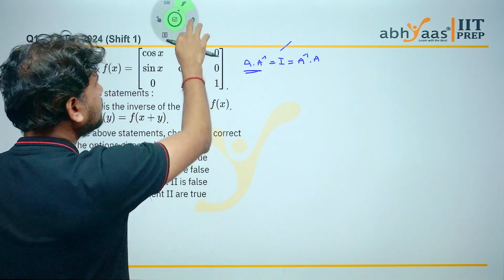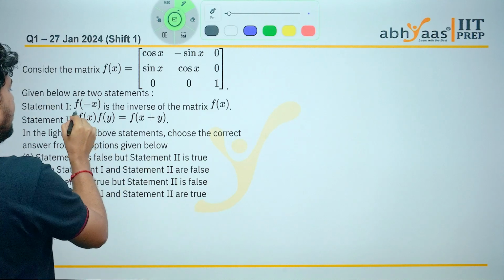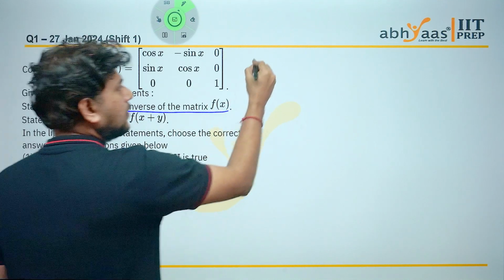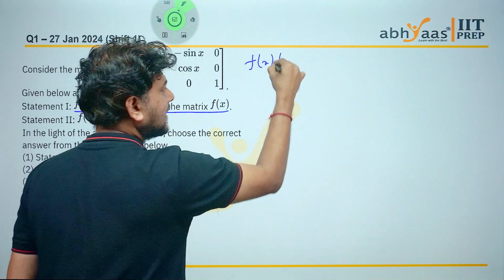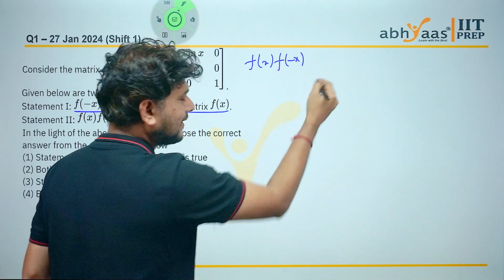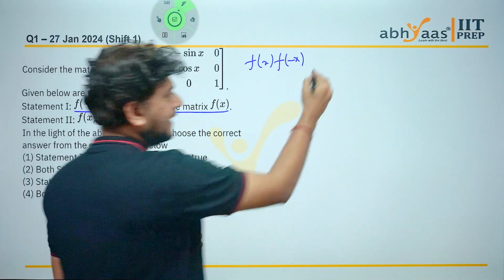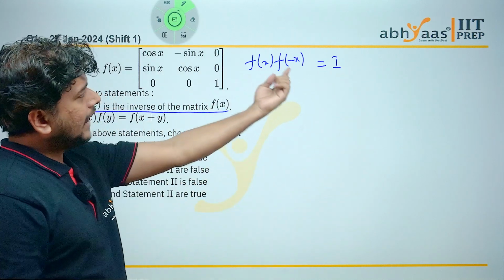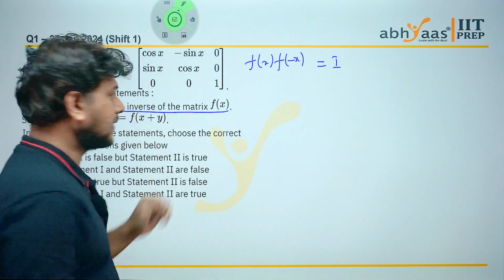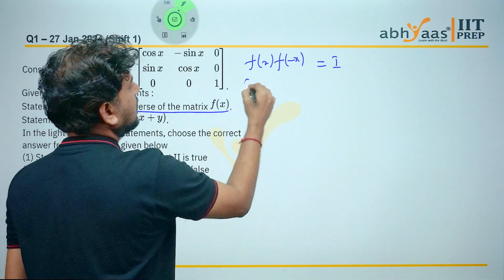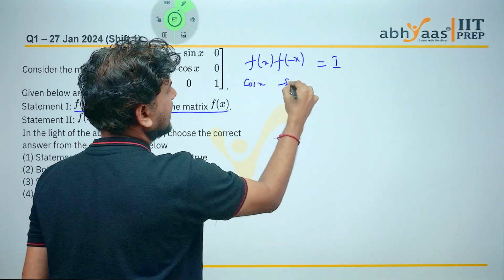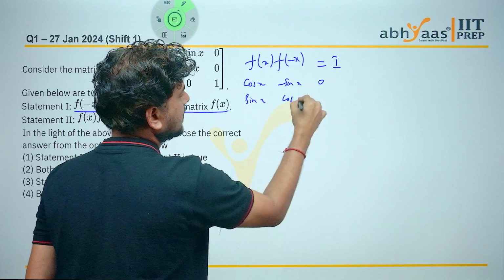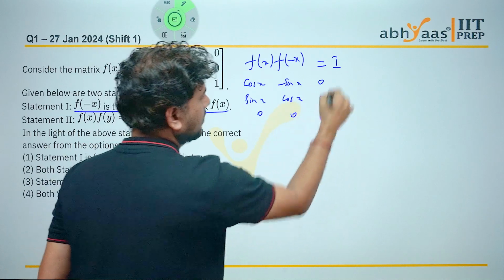So we check this. Given f of minus x is the inverse of f of x. If we multiply f of x and f of minus x and we get identity, then we can say for sure that f of minus x is the inverse of f of x. So f of x is cos x, minus sin x, 0; sin x, cos x, 0; 0, 0, 1.